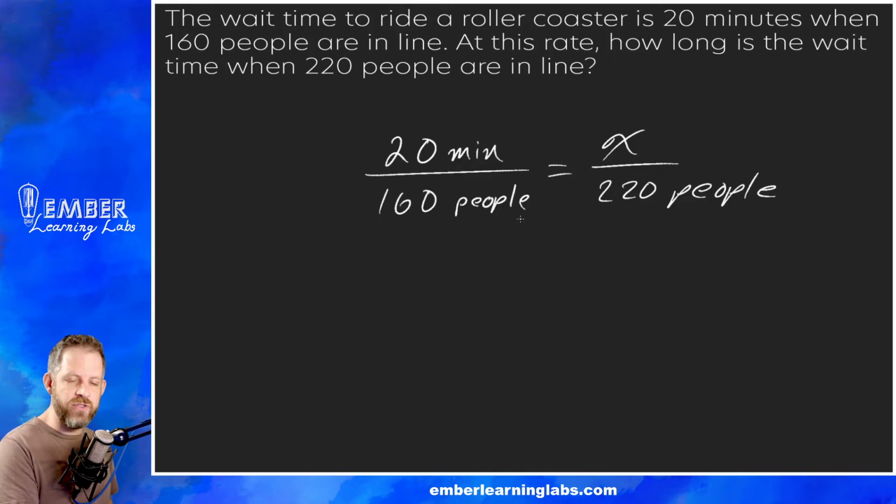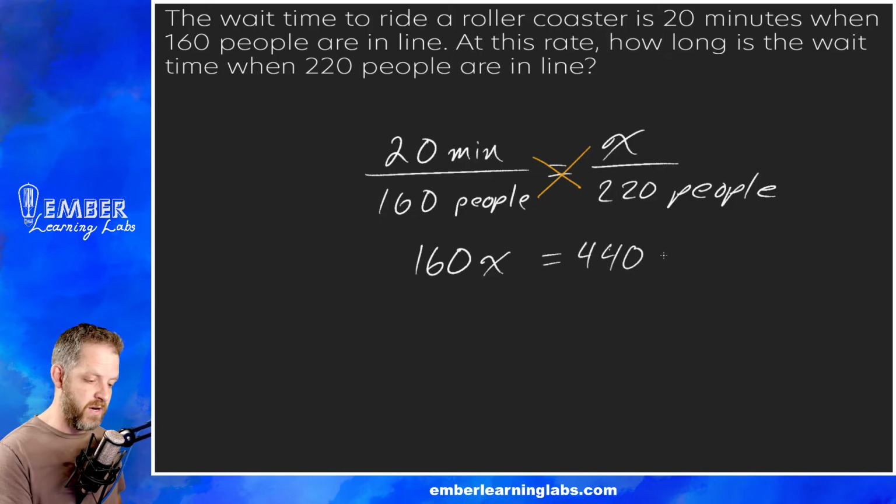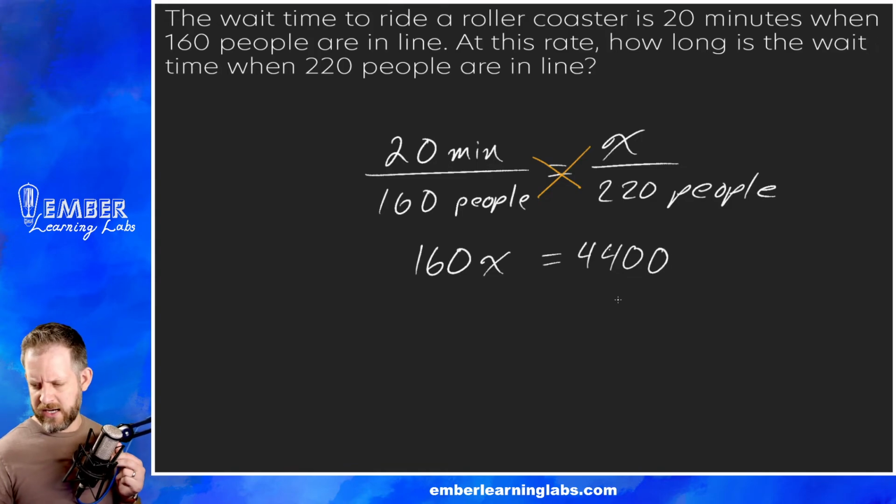We want to make sure that our units match, right? So people on the bottom, time on the top. So we're going to cross multiply again. 160 times x is 160x. 20 times 220 is 4,400. That was a gutsy move, Maverick. I started saying the answer by doing it in my head before I double-checked in the book.